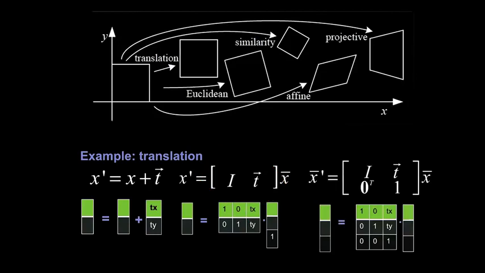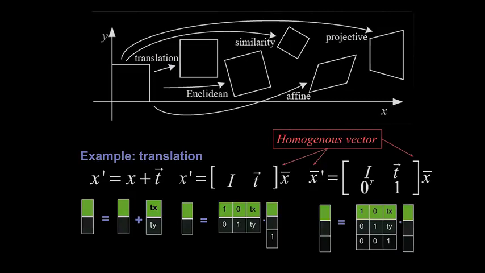To keep the whole thing in homogeneous coordinates, instead of a 2 by 3, we would make this a 3 by 3, so that the 0 vector is now on the bottom row, and we get from one homogeneous vector to another. Okay? So that would be translation.